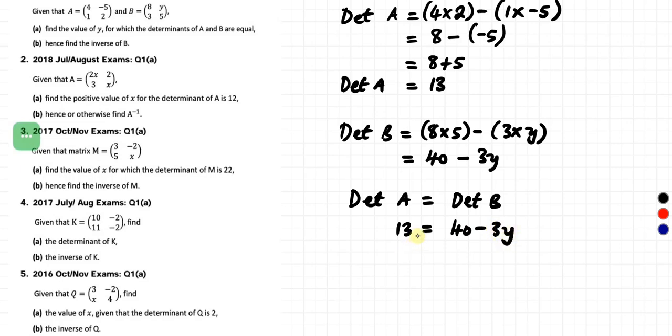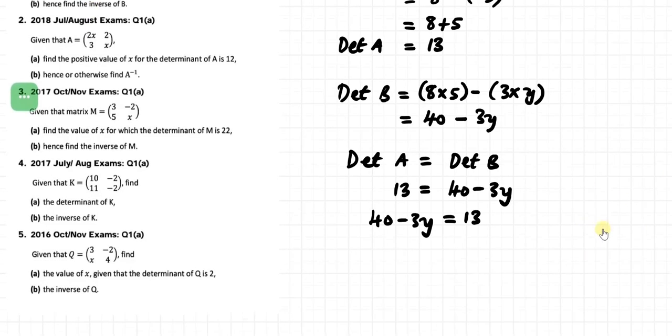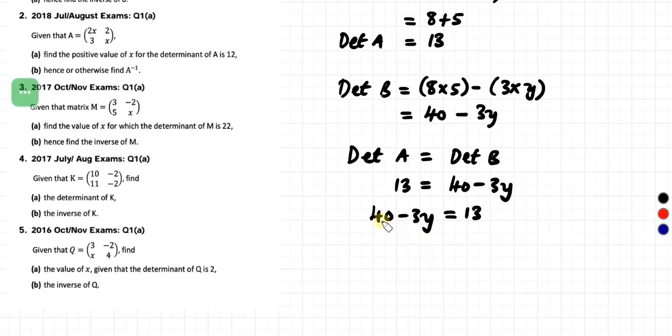Then what you're going to do is to make y the subject of the formula. So you can start with this side, which has a 40, minus 3y. Then you swap, you say equals 13. I've just swapped this so that I start with this part which has got the y because they have said find the value of y. So now what we are going to do is to collect like terms.